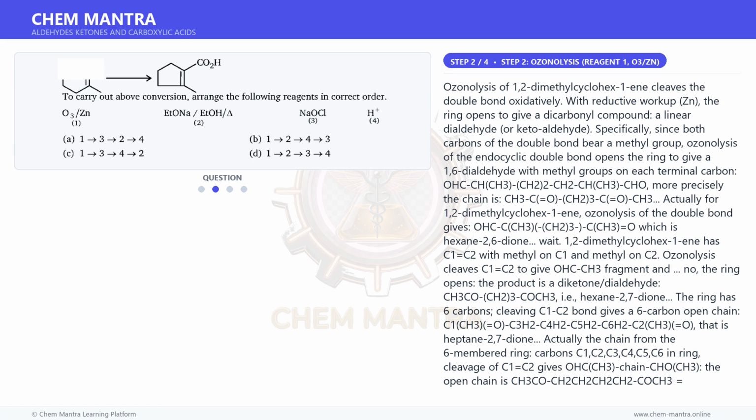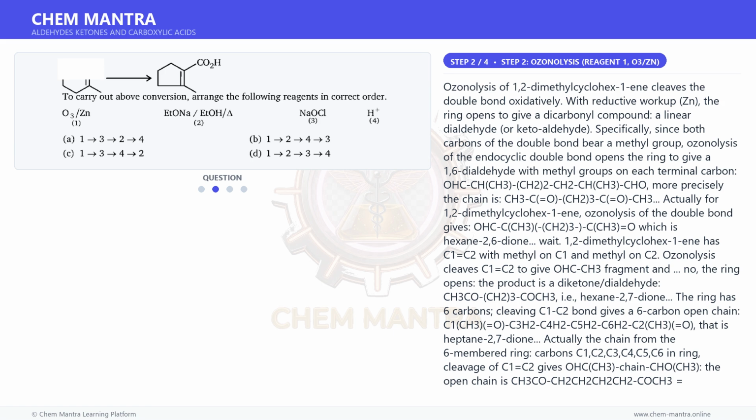Actually, for 1,2-dimethylcyclohexene, ozonolysis of the double bond gives a diketone, which is hexane-2,6-dione. Wait. 1,2-dimethylcyclohexene has C1 double bonded to C2 with a methyl on C1 and a methyl on C2. Ozonolysis cleaves the C1=C2 bond.